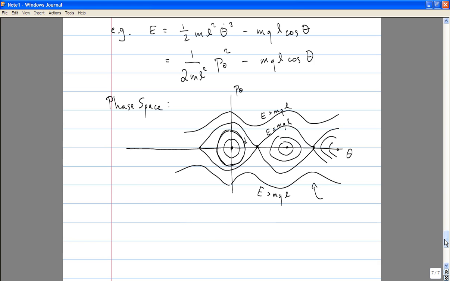So such a trajectory is known as a separatrix, and the plural of separatrix is apparently separatrices. So these are curves of constant energy.